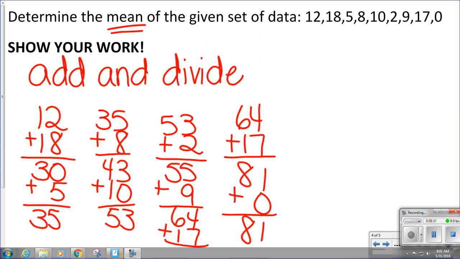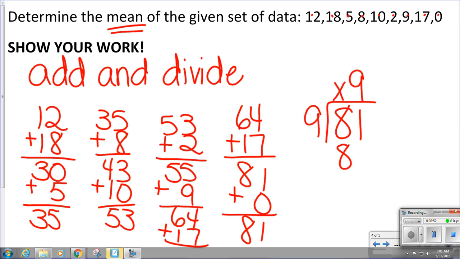Please stop adding all of your numbers all at one time. Okay, so 81 divided by 1, 2, 3, 4, 5, 6, 7, 8, 9. You have to include that 0. The mean is 9.